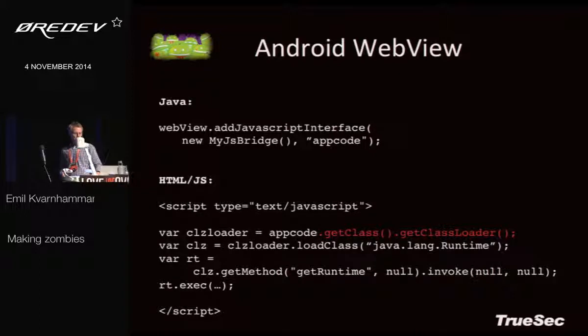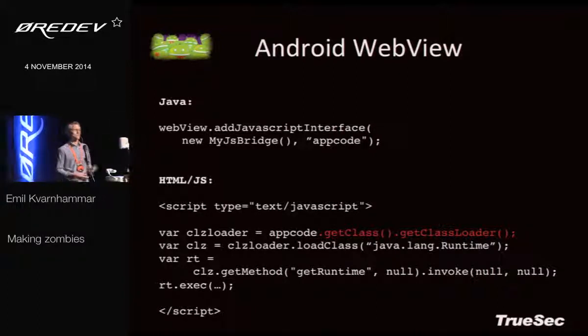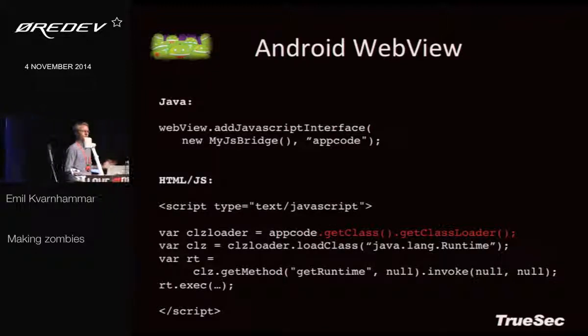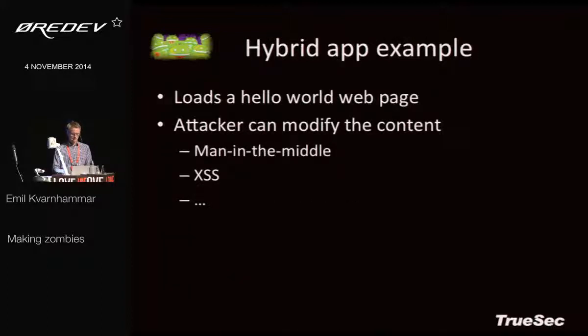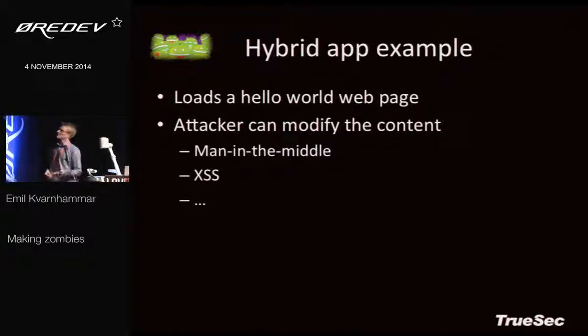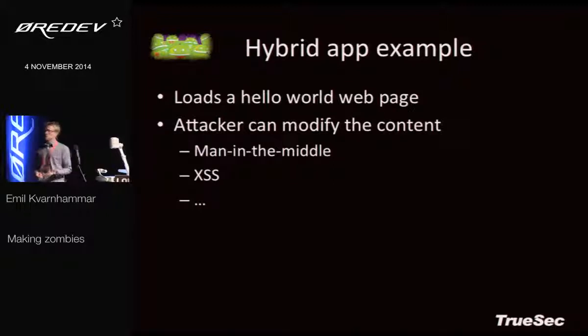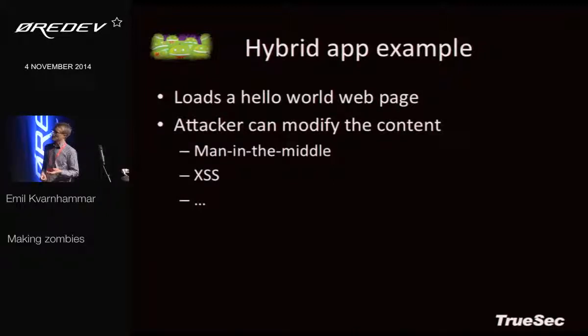So this was fixed by requiring annotations on all the methods that should be accessible through JavaScript. And I have a simple hybrid app example that loads a hello world web page.